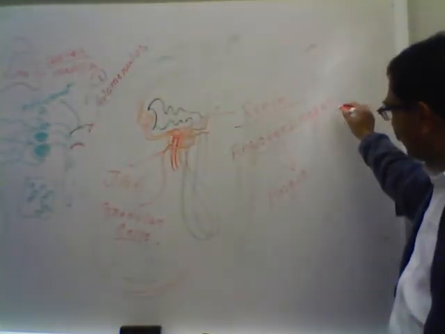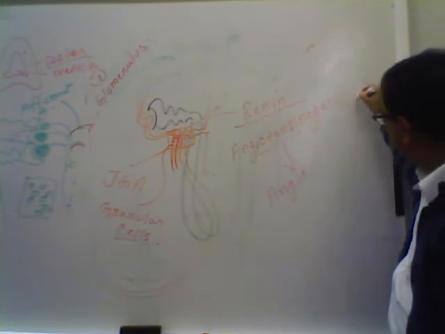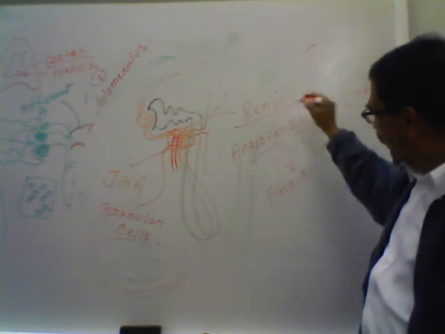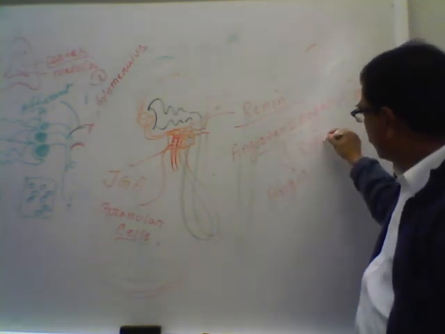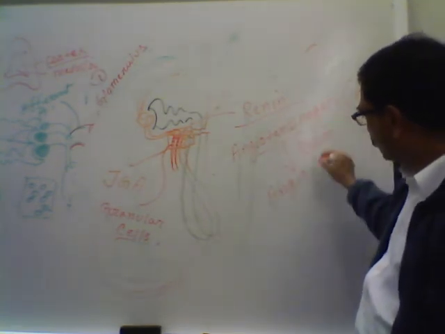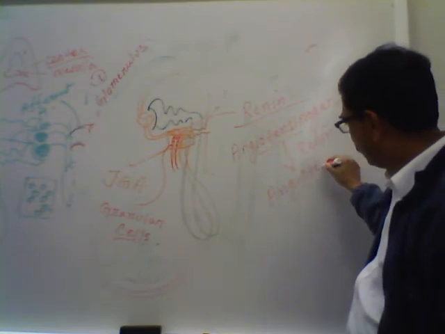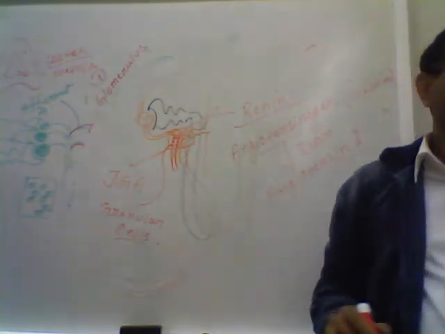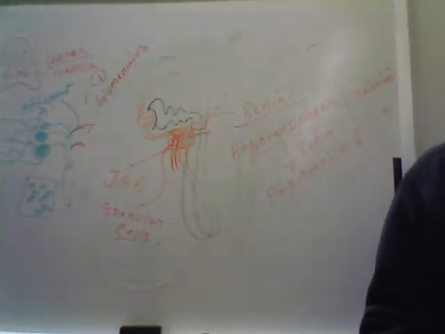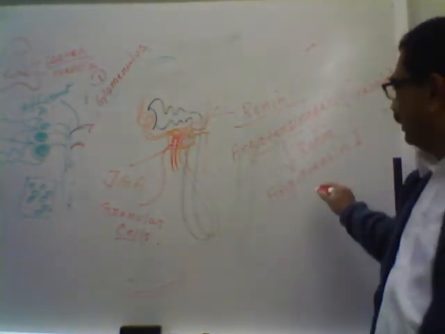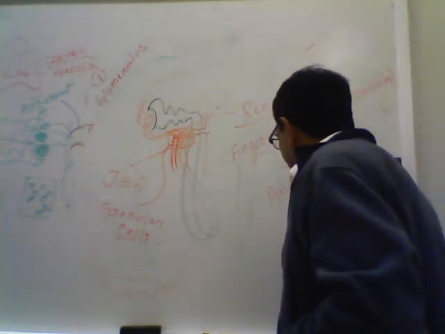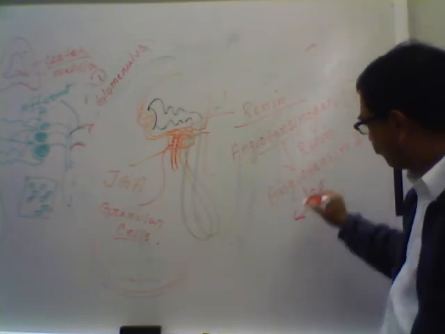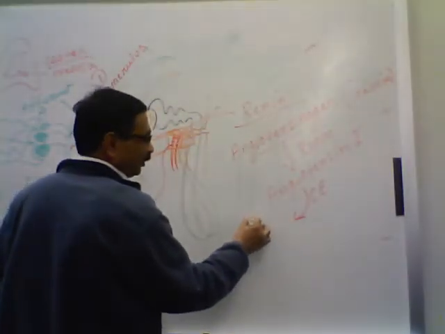So angiotensinogen is an inactive chemical, and renin converts angiotensinogen to angiotensin 1. And then angiotensin 1 is converted by converting enzyme to angiotensin 2.